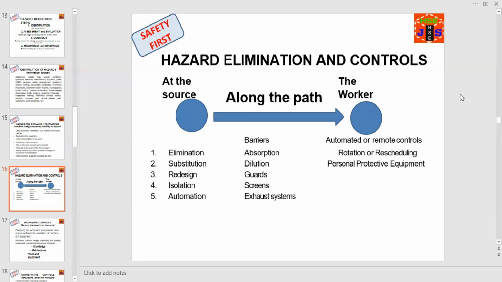Along the path: barriers, absorption, dilution, guards, screens, or exhaust systems. The hazards can be controlled at the worker through automated or remote controls, rotation or rescheduling, or as a last resort, personal protective equipment, PPE.